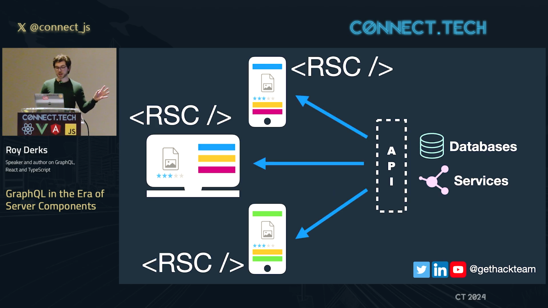So if you think about this setup where you have a single API powering 3 different apps, and with React, in theory, you can write your code once and then run it everywhere, or learn it once and then know how to write code for different platforms. If you have a single API powering 3 different React applications, probably all these applications are using server components to take the data coming from your API and making a sub-selection, filtering, normalizing, doing all these things before you send it to the actual UI.